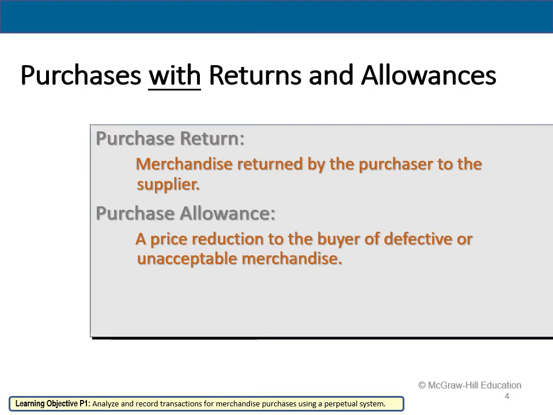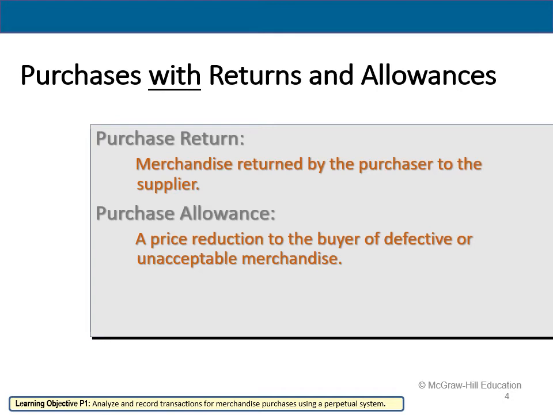A purchase allowance is similar, but with an allowance, the buyer keeps the merchandise and they just pay less for it, or sometimes don't pay for it at all. It is a reduction in price for unsatisfactory merchandise. All right, so that is a purchase allowance.